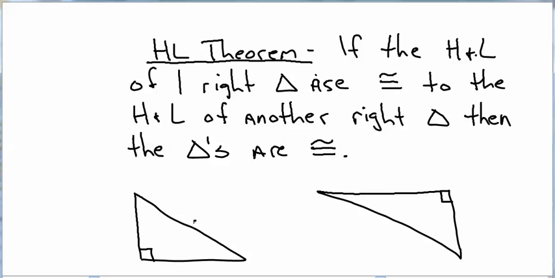If the hypotenuse and leg of one right triangle are congruent to the hypotenuse and leg of another right triangle, then the triangles are congruent. Okay? Nicely done. Great minds think alike.